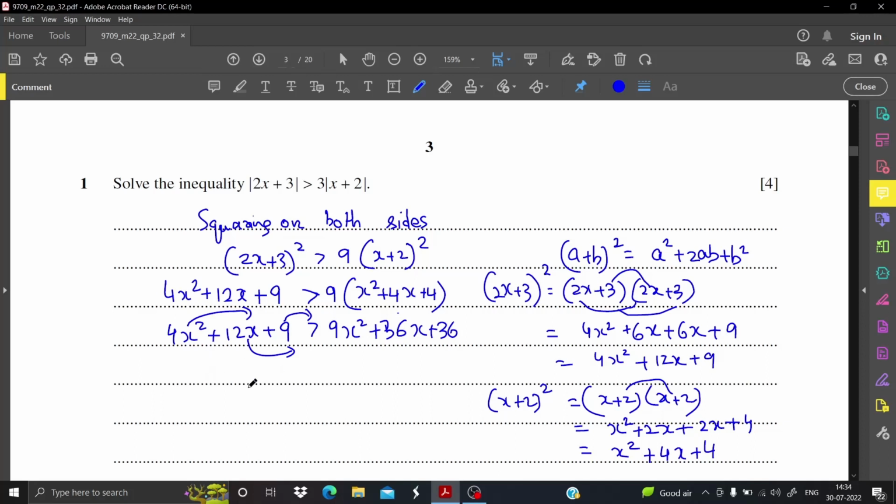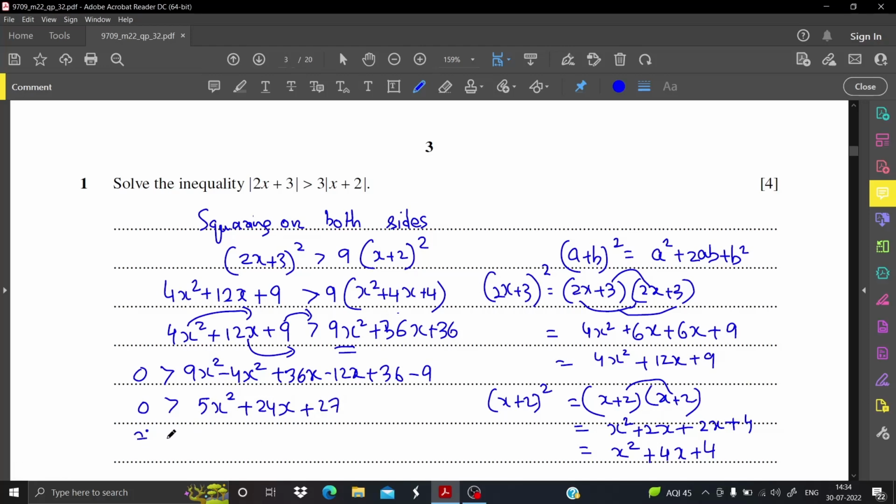So the 4x square, when you shift to the other side, becomes negative 4x square, and you have 9x square here. So 9x square minus 4x square, and then 36x minus 12x, then 36 minus 9. So here the inequality, this is what you have. So this will give you 5x square plus 24x plus 27.